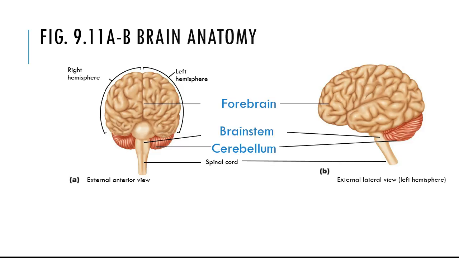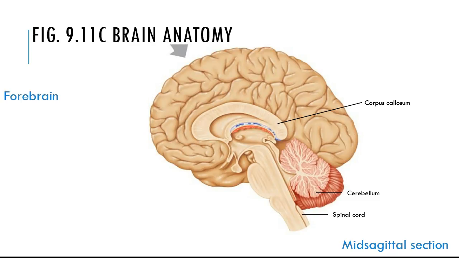So if we refer to the forebrain, it is made up of some important structures, including the cerebrum, or you could say cerebral cortex. We talked about the cortex when we did the anatomy lab a couple of weeks ago. Another major area of the forebrain is referred to as the diencephalon.